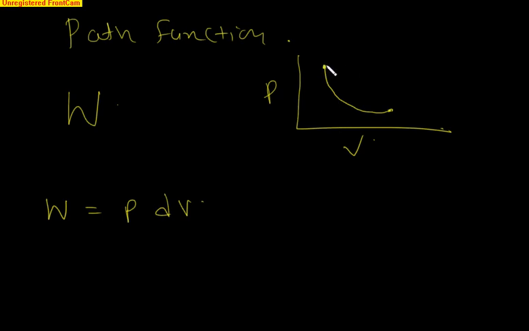Now suppose I have changed to this path. Okay, then by this path let's say my work is W1, and by this path my work is W2. Okay, then this W1 may be less than W2 for the same change in state.